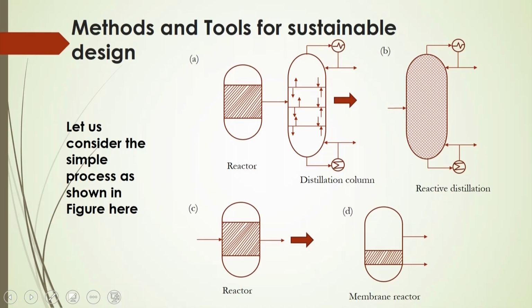If we consider a simple process like the one shown here in the figure, like reactor, distillation column, reactive distillation, even reactor to membrane reactor, you will see there will be a conversion of the flow from unit operation scale to unit operation, then task, and then the final stages of unit processes.